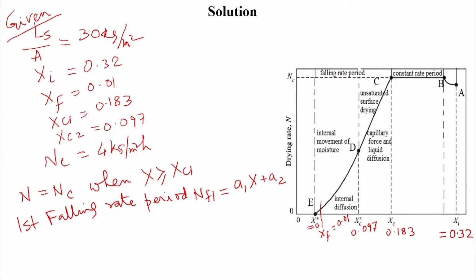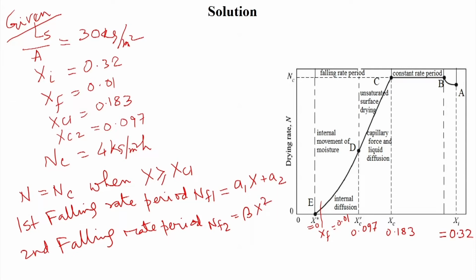For the second falling rate period, NF2 is equal to beta into x square.